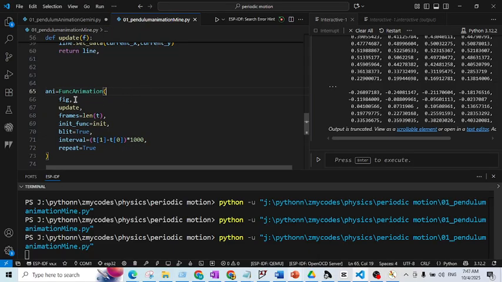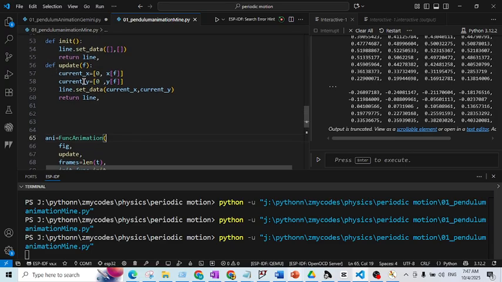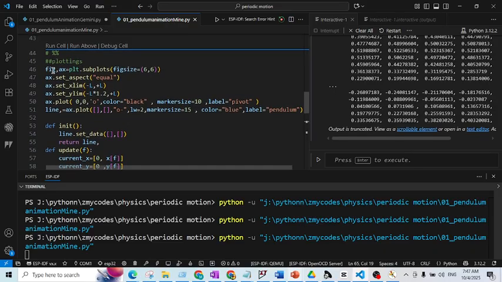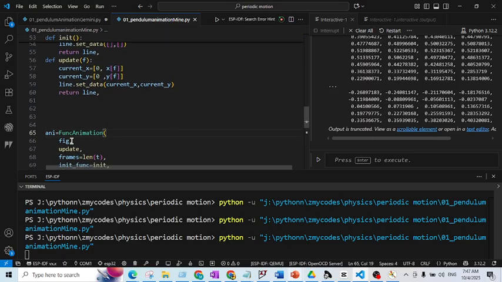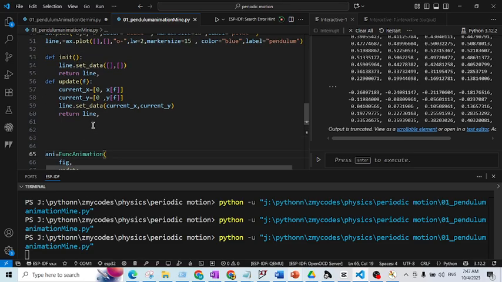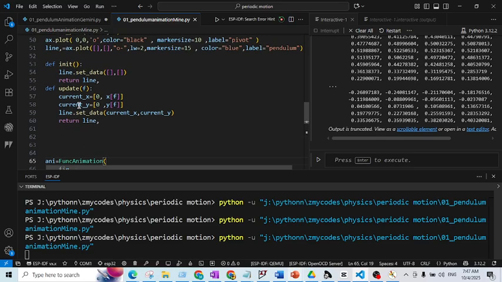So first it takes the figure, then update. So this is my update function. For this figure, plt.subplots returns figure and axis variables. So what is update? During the simulation we have to update the positions, right, because the object is moving.